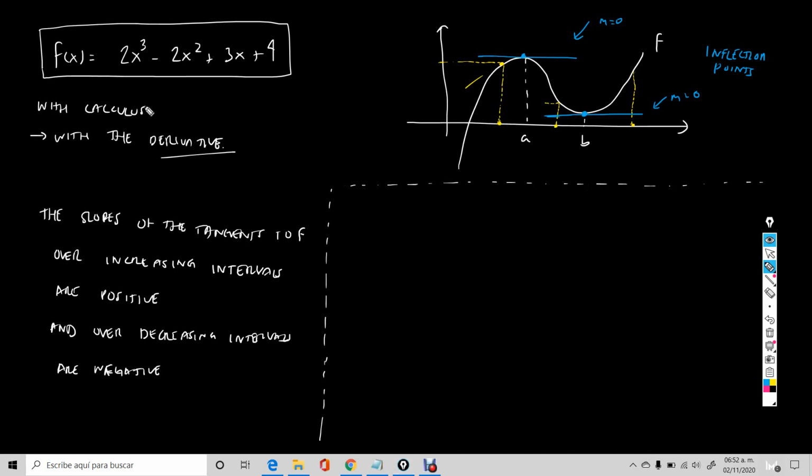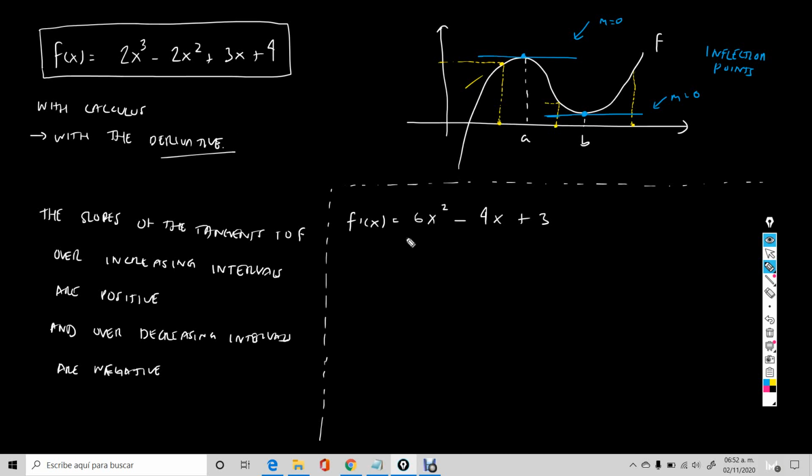So first thing we have to do is differentiate such function. You can do that already very quickly. That's going to be 6x squared minus 4x plus 3. So this is the function that, when differentiated, you get this. This is the derivative of this function.